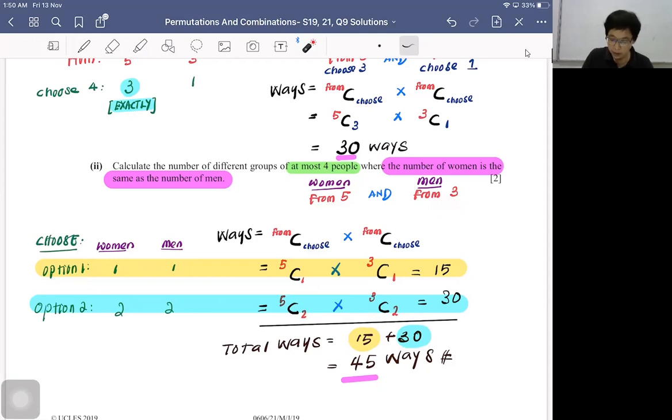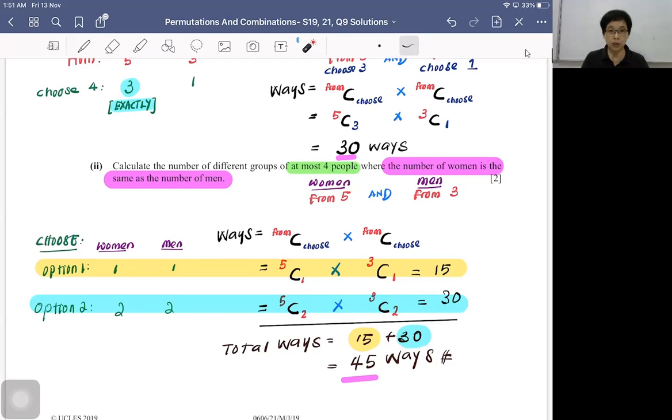Therefore, from 5 women, you choose 1. Got it? And with a multiplication, for the men category, from 3 men, you choose 1. Got it? Okay. And punch a little bit of your calculator, you're going to get 15 ways to form that.